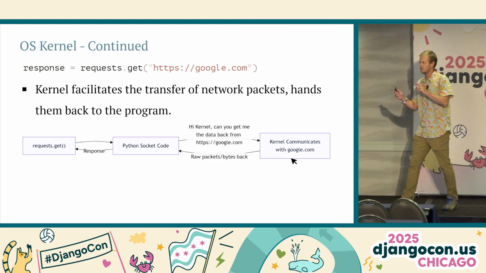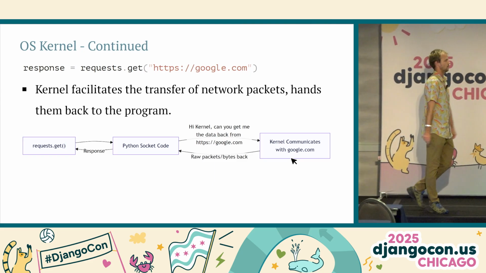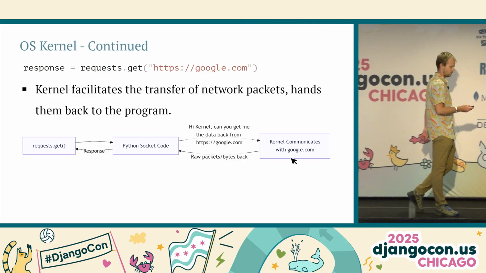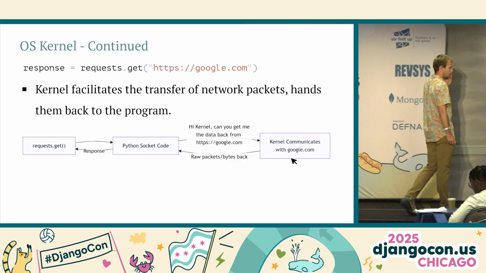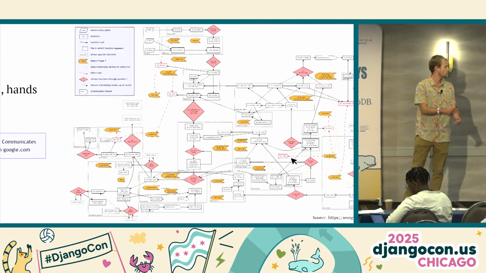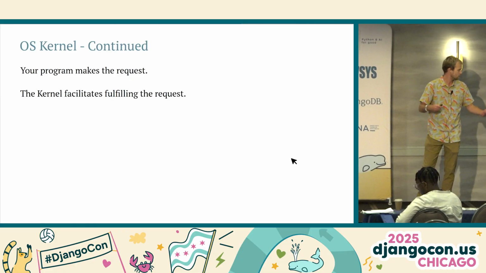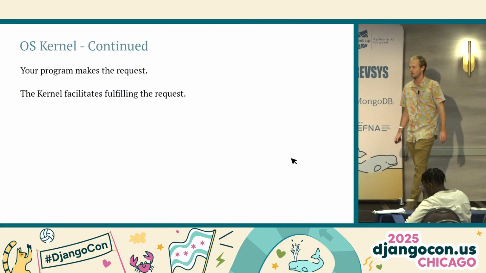Something I want to emphasize in this talk is that there are certain things the kernel does for your program, and that's really important to know about when we get into free threading: the operating system is responsible for this, not Python itself. OK, so skipping through that diagram, your program makes the request. The kernel facilitates fulfilling the request.